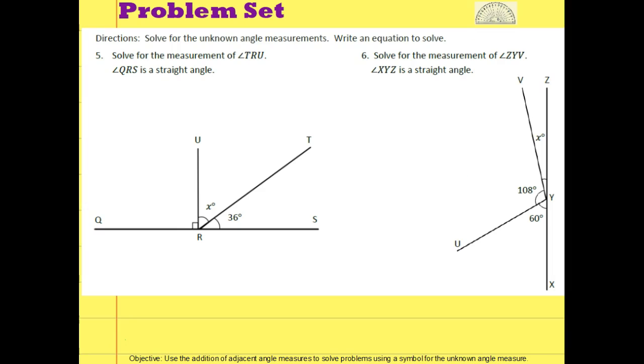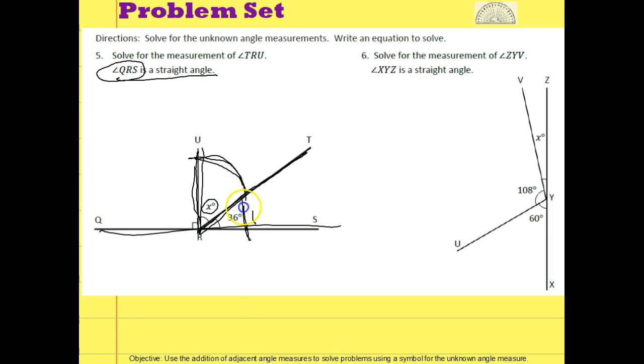All right. Next, solve for the measurement of angle TRU. So we want TRU, which is x, right? We want this angle here, TRU, where QRS is a straight angle. Okay, so TRU plus 36 is going to equal how much?